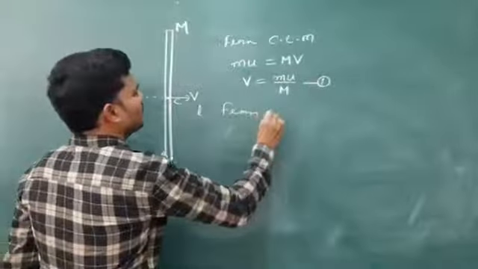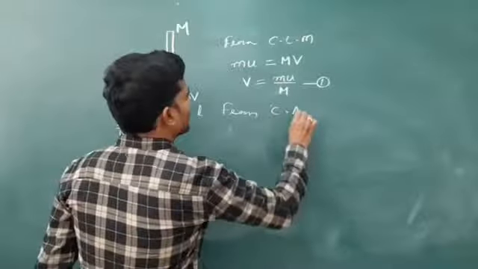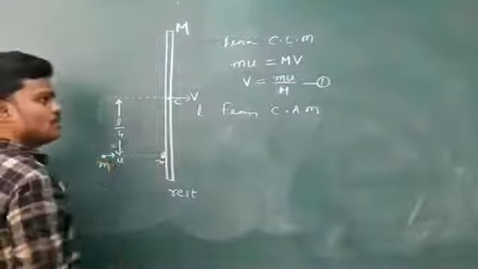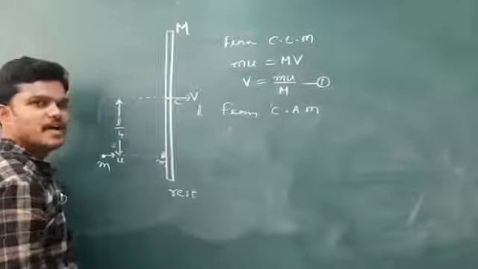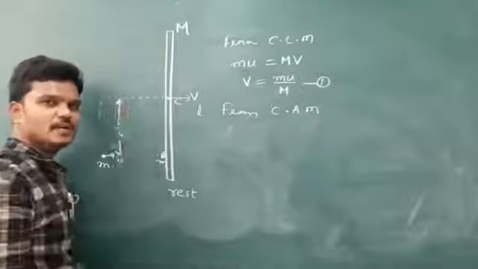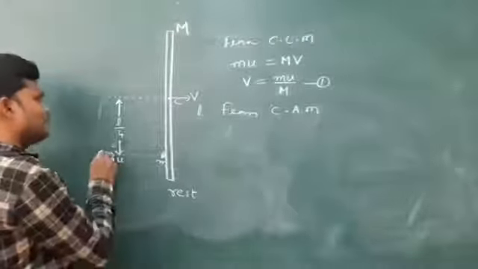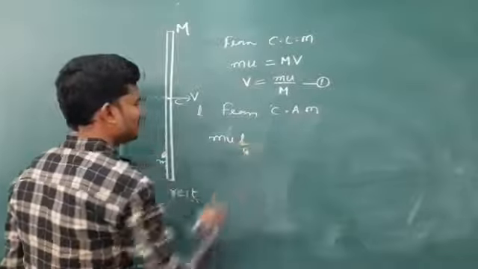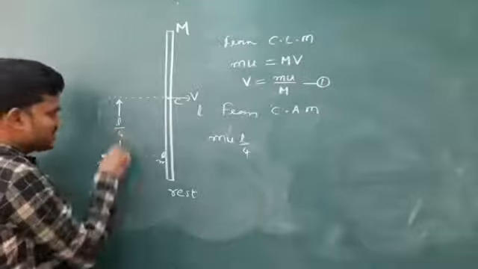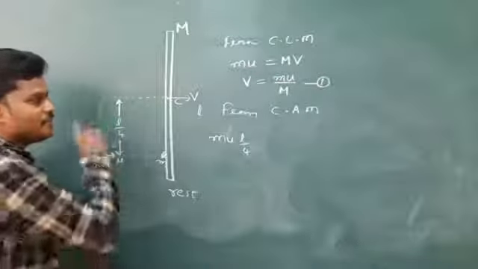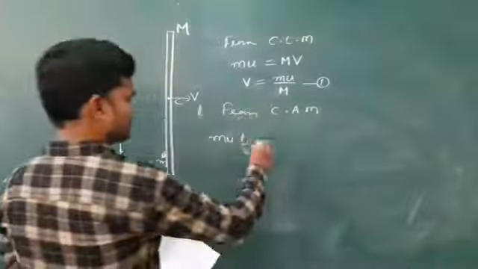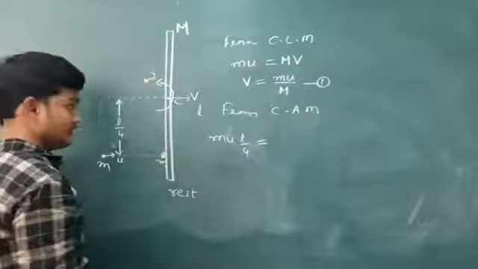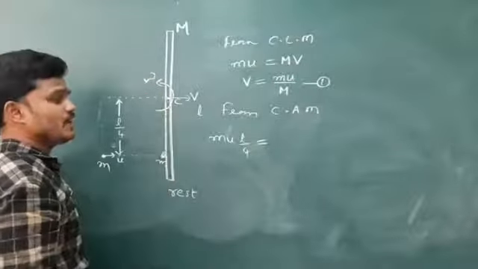Again apply the law of conservation of angular momentum. Angular momentum before the collision is equal to angular momentum after the collision. Angular momentum before the collision about the center of mass is mu times the perpendicular distance L by 4, so mu L by 4, which is equal to after the collision, when this rod rotates about this axis with an angular speed omega.